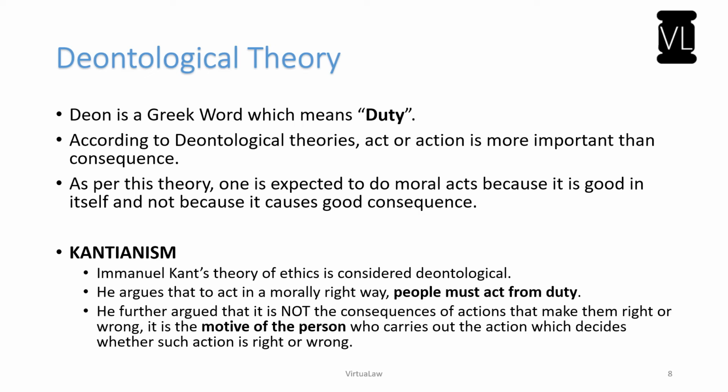So here we are talking about not the ethical aspect but the concept of right or wrong. An act can be right or wrong not based on the consequence, not based on the act, but based on the motive of the person who is actually carrying out such particular action. So this is the concept of Kantianism, and you can always quote Immanuel Kant's theory, or you can simplify it by saying Kantianism as one applied concept of deontological theory.